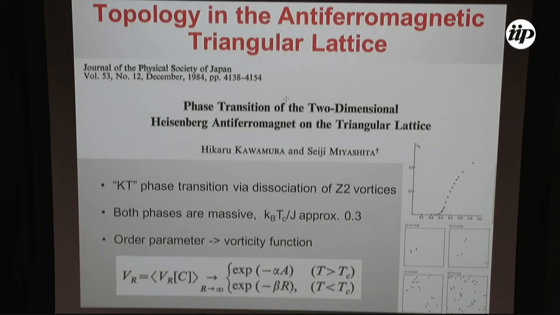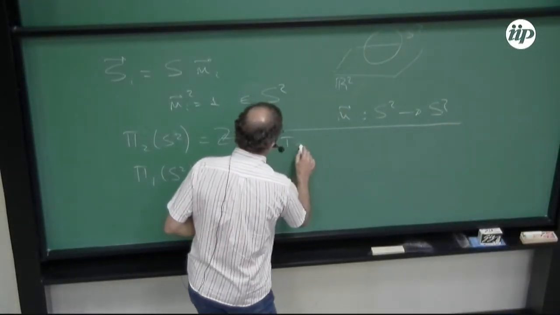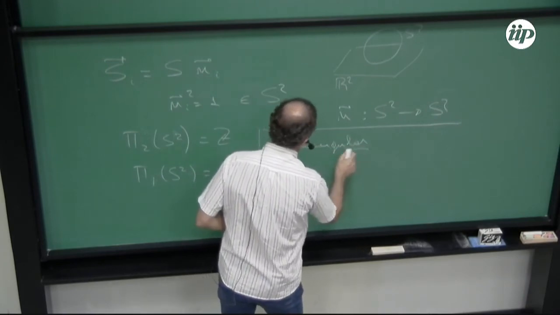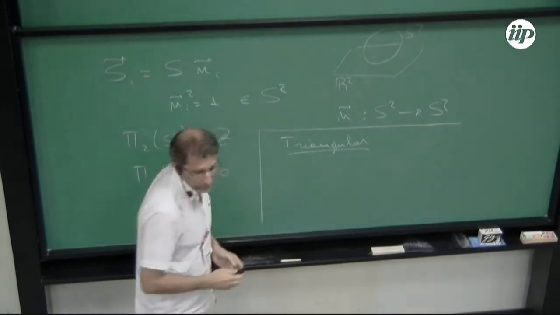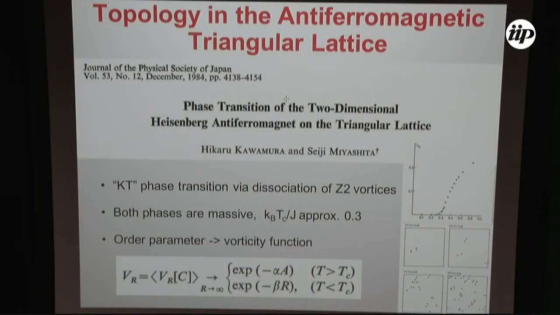Maybe I should go slower. The first thing you have to observe, in the triangular lattice case, is that now your effective action or your phase space will be described not by an S2 vector, but by a matrix, an SO3 matrix.